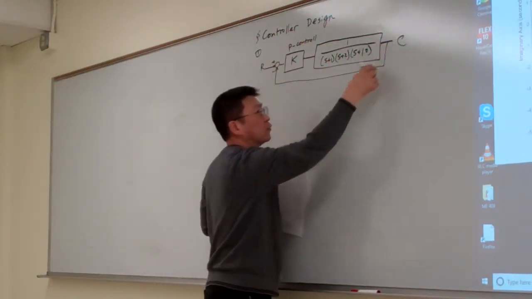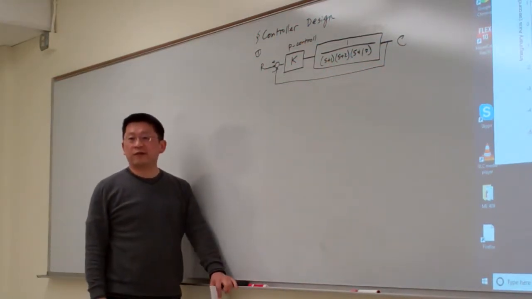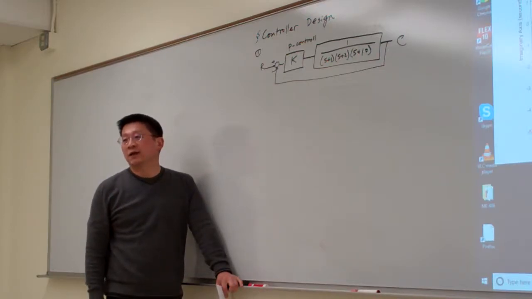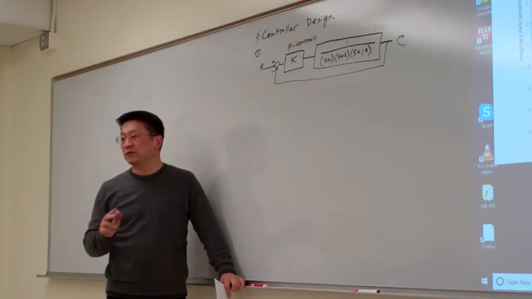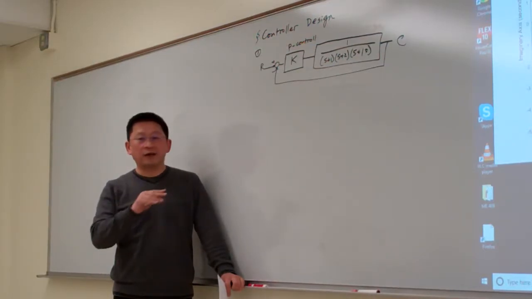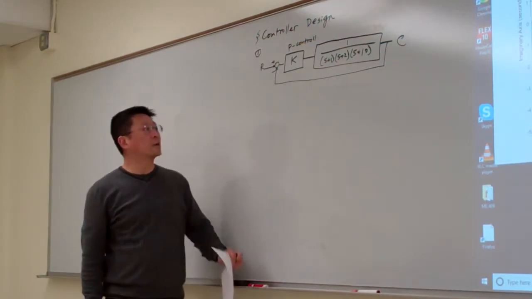And you might ask why we consider unity feedback. Because that is the simplest one, and as long as we learn the principle, you can always apply it to various kinds of feedback configurations.